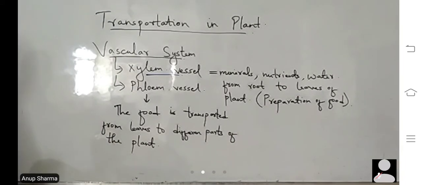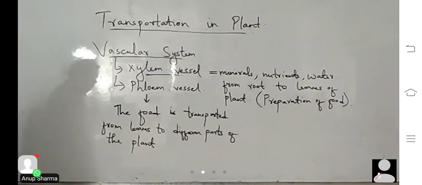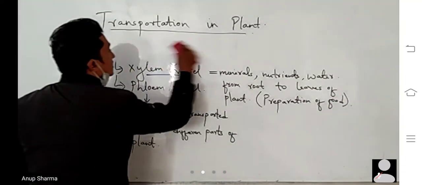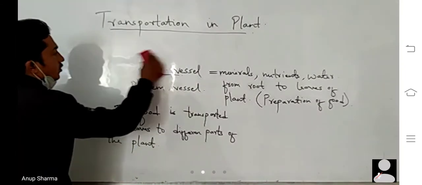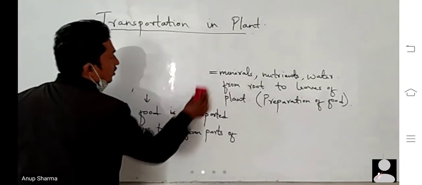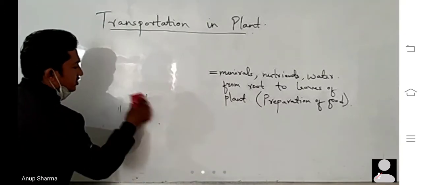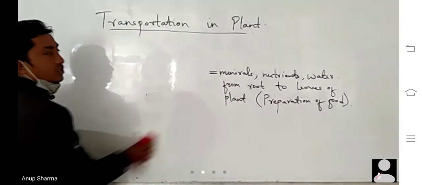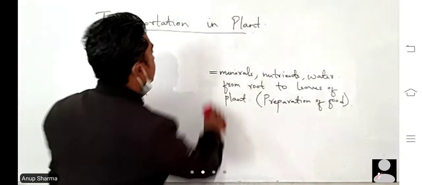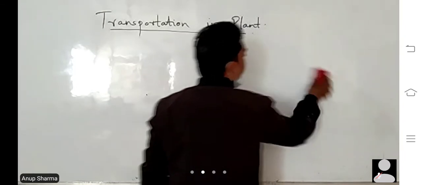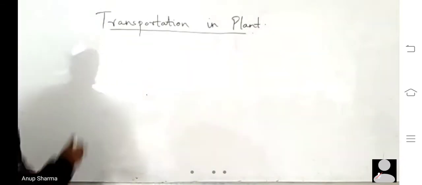So let's talk about transport of water and minerals in plants. First of all, we will talk about xylem vessel, which is responsible for transportation of minerals and water in the plant.